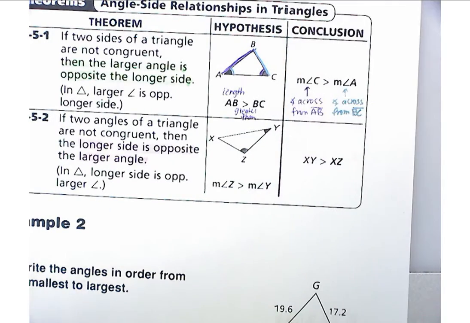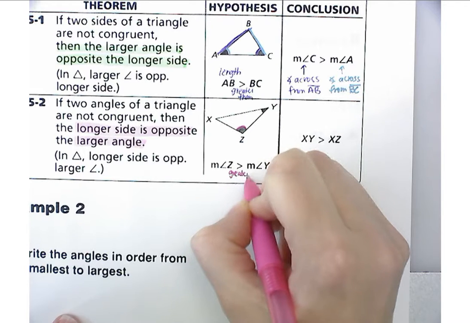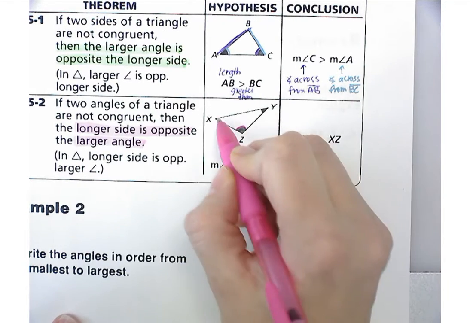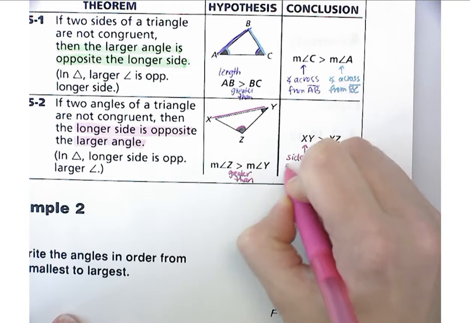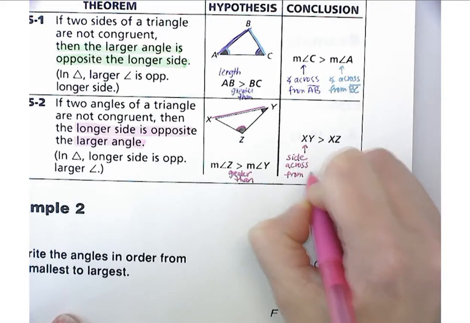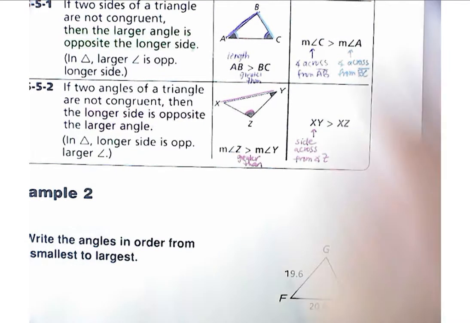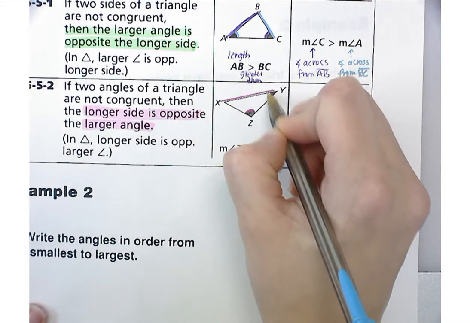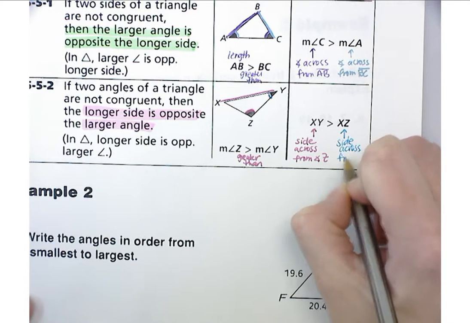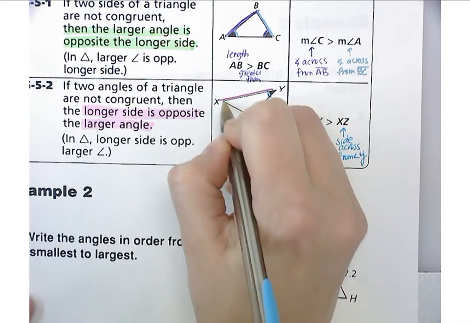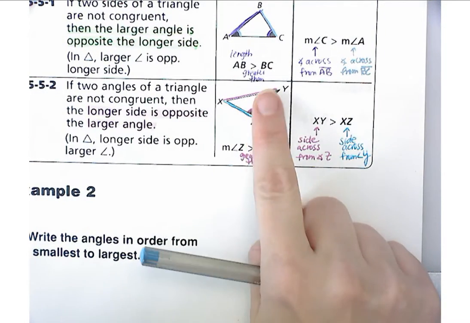So if you know that angle Z is greater than the measure of angle Y, then that means XY, which is the side across from angle Z, we know that that's going to be larger than XZ because XZ is the side across from angle Y. Okay, so in short, whichever angle is bigger, the side across from it will be bigger.